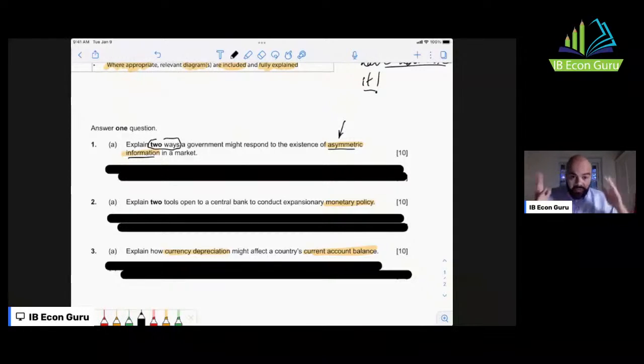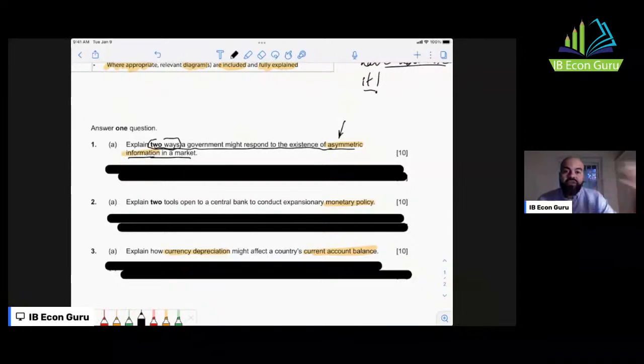Now you can start the essay by actually borrowing part of the question to help you structure your introduction paragraph. So you can start the essay by saying, two ways a government might respond to the existence of asymmetric information in a market include way number one and way number two.